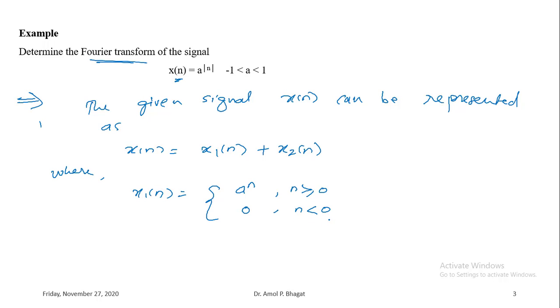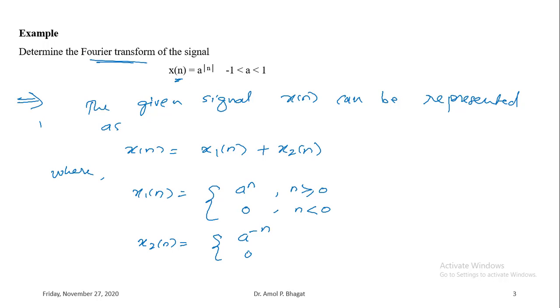So x1 of n will be a to the power n, which exists only for positive values of n. Similarly, you can represent x2 of n when n is negative. For that purpose you take a to the power minus n and 0 otherwise.